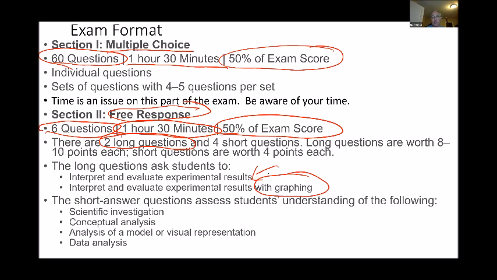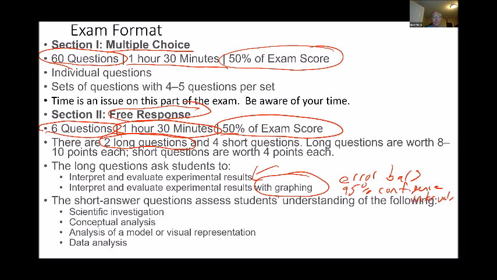You're going to have to construct a graph. Could be a line graph. It could be a bar chart or histogram. It could be a scatter plot. And very oftentimes these graphs are going to ask you to draw in error bars, or what we call 95% confidence intervals. And we'll talk more about those here in just a minute.